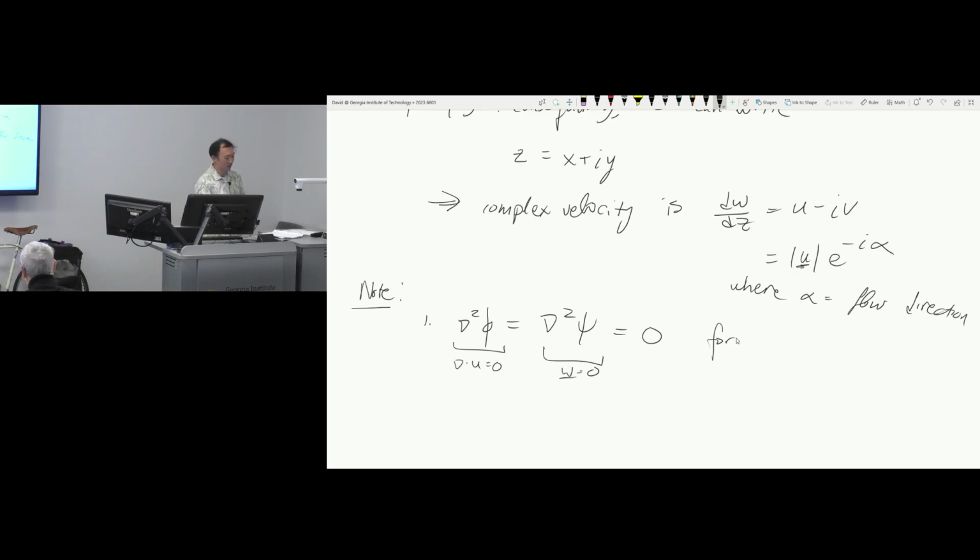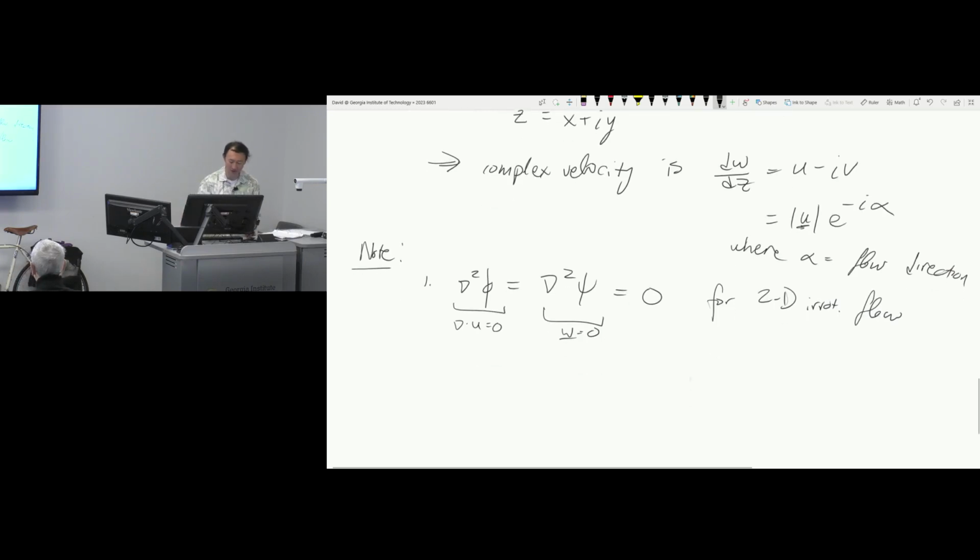So when you draw these things, they're going to look like solutions to the Laplace equation. For 2D irrotational flow, the fact that it conserves mass means that the Laplacian of phi is 0. The fact that it is irrotational means the Laplacian of psi is 0.